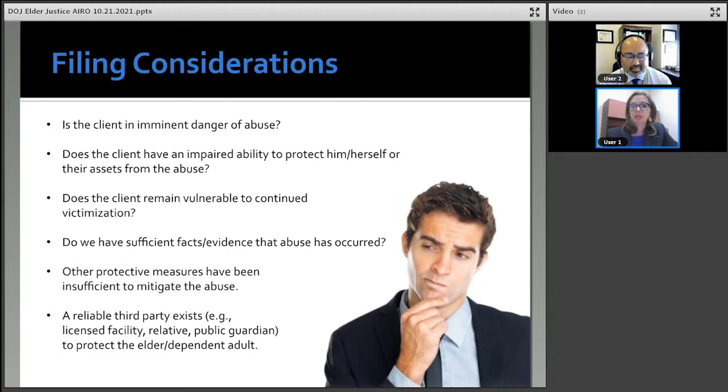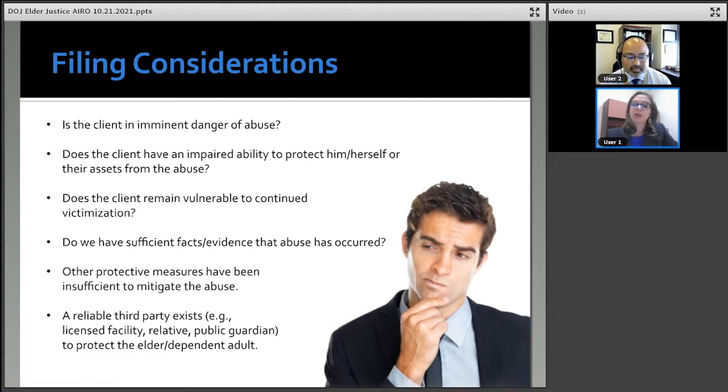If those other interventions are successful, then filing an AIRO may not be necessary. So we will talk those through, and it's only when we realize either it's not going to be helpful, we've tried it and it's failed, that we will try to do something a little bit more significant, such as the AIRO.